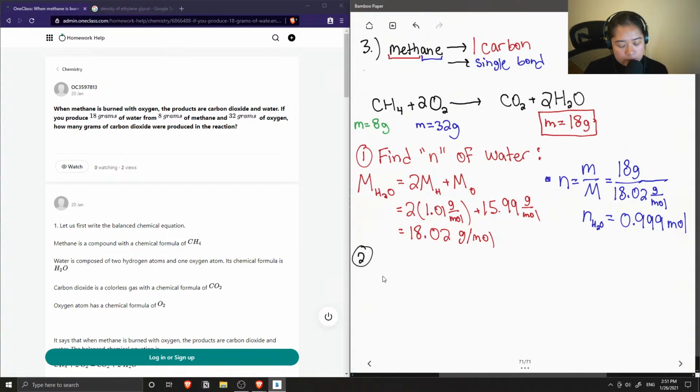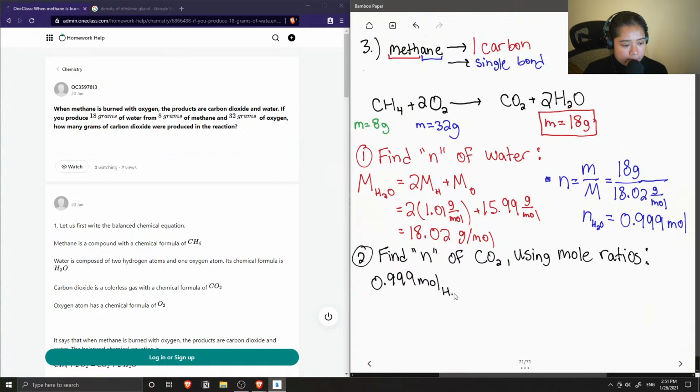Okay, so step 2 is to now find the number of moles of carbon dioxide using mole ratios. We know that the number of moles of water formed in this reaction was 0.999.